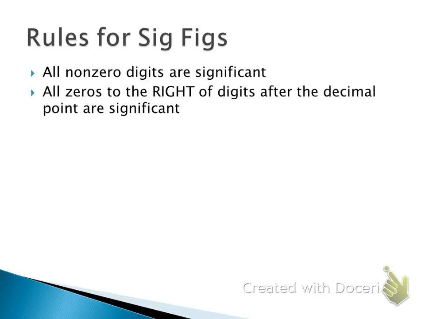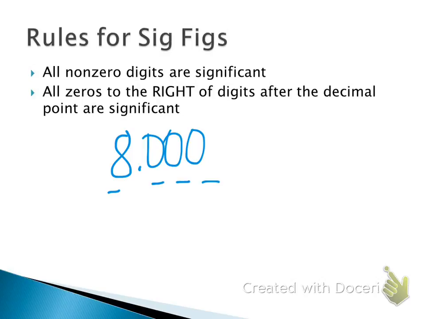Okay, non-zero digits are significant. Zeros to the right of digits after the decimal point are significant. So what that's telling us is that if I have a number that looks like this, 8.000, how many sig figs do I have? 4 significant figures. 1, 2, 3, 4.